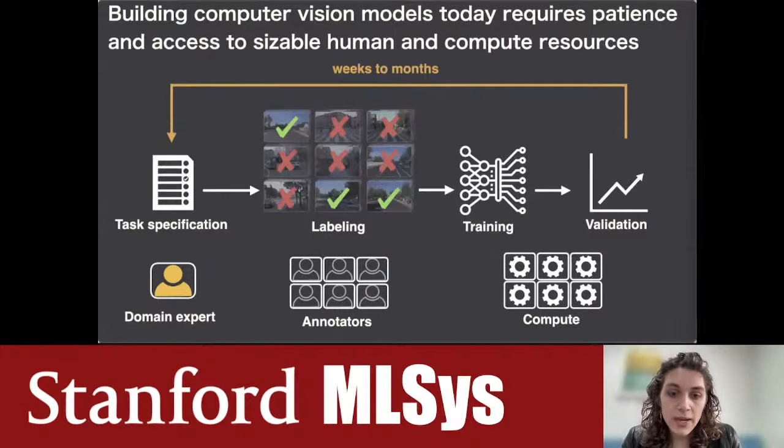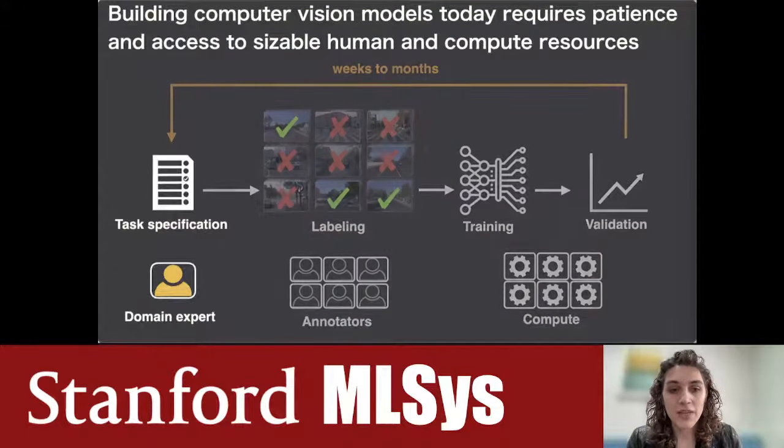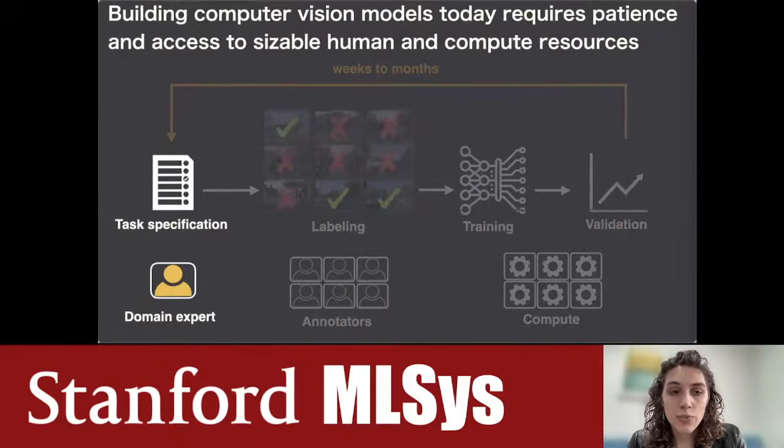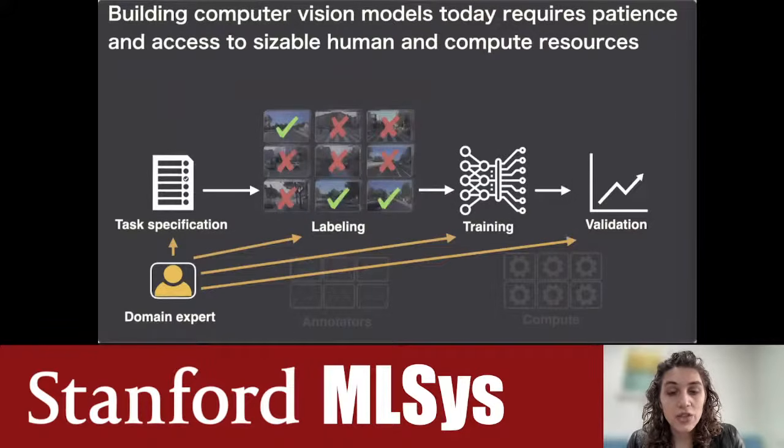And the domain expert who determines when iteration is actually necessary is mostly confined to task specification, which happens pretty infrequently. However, if the domain expert was more involved in other parts of the model building process, they could potentially detect and fix specification or labeling or modeling issues much earlier.